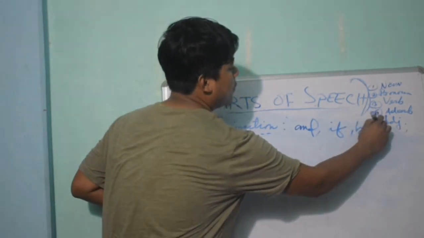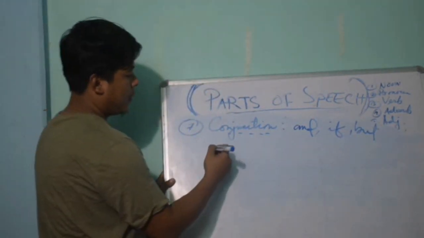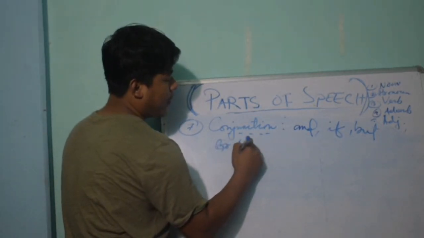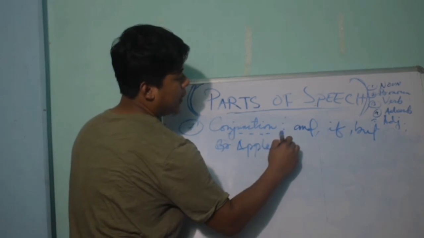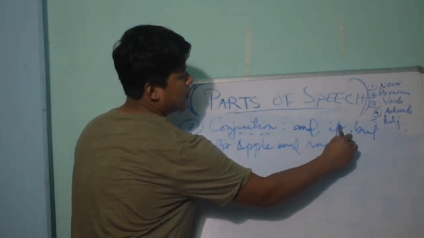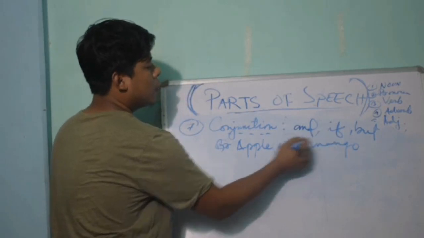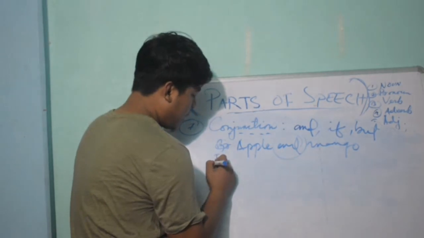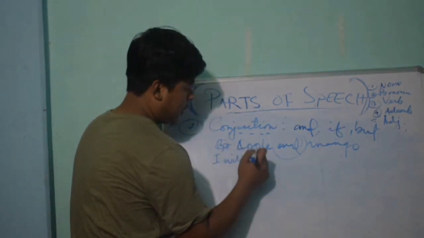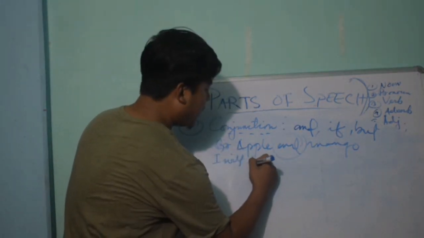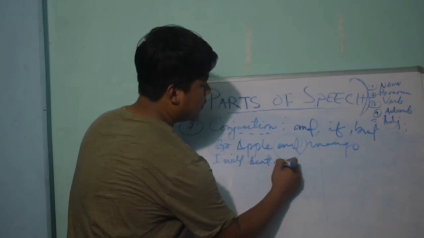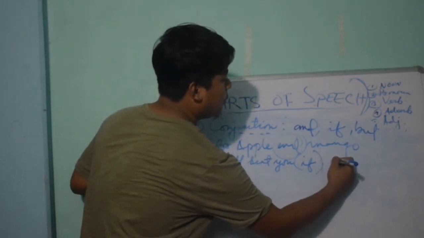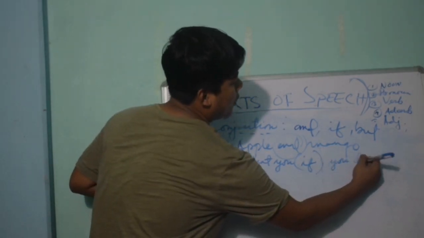A few examples: one of the most common examples of conjunction is and, if, but. Bread and butter, apple and mango. So these two are joined by the word and. Or I will beat you if you don't.